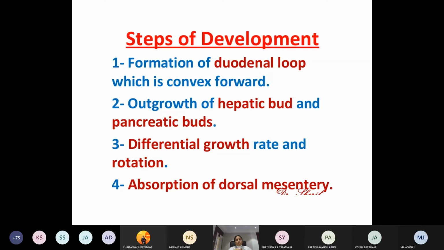That means it will have an anterior border, a posterior border, a right surface and a left surface. Now, what will happen? There will be outgrowth of the hepatic bud and pancreatic buds. Then there will be differential growth rate and rotation of the duodenum, and absorption of the dorsal mesentery.